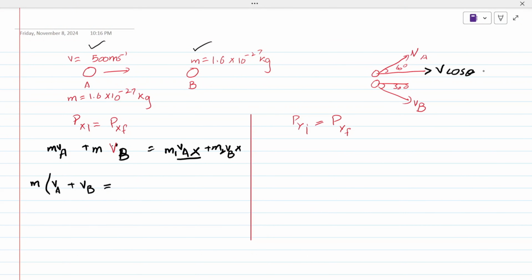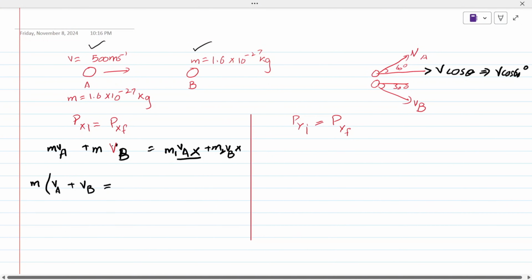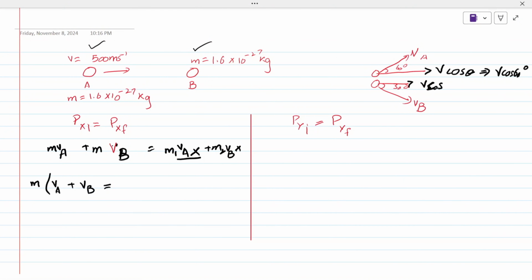V cos theta, primarily v cos 60 degrees. And what is the momentum here? v cos 30 degrees, isn't it? So we can say that m vA cos 60 degrees plus vB cos 30 degrees.